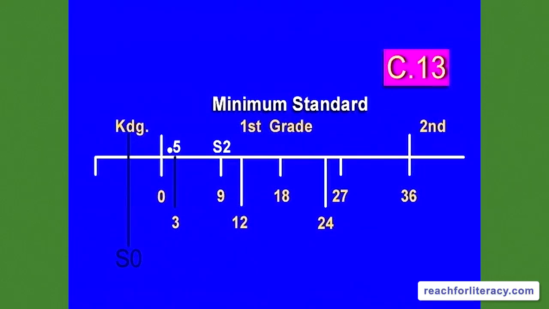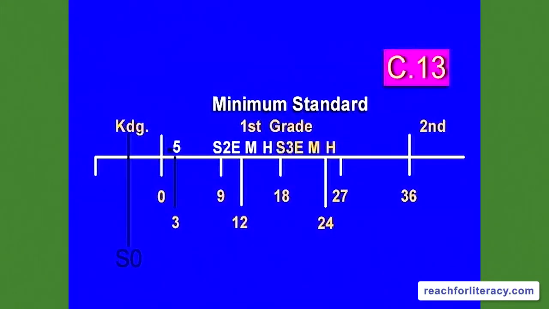By the 9th week, the student needs to be at stage 2, and they read easy, medium, and hard books for 9 weeks to stabilize the strategies, and then they're ready to move to stage 3 books by the middle of the year or the 18th week.